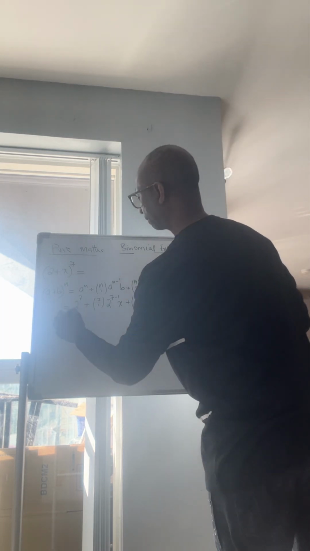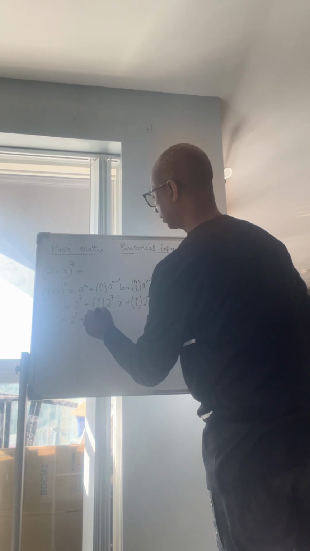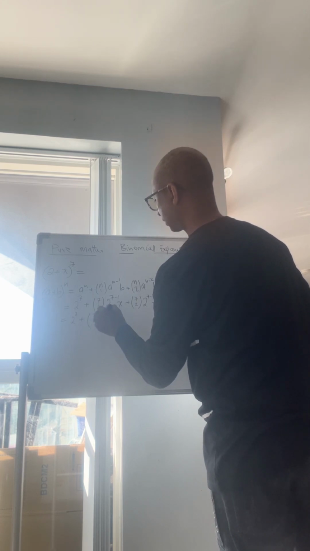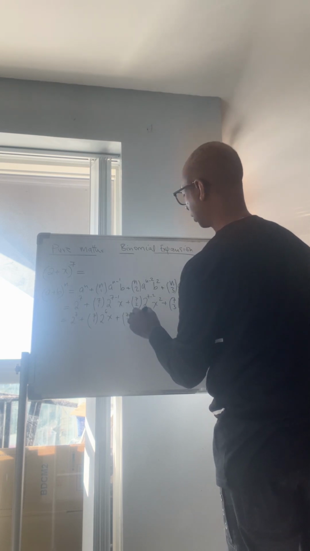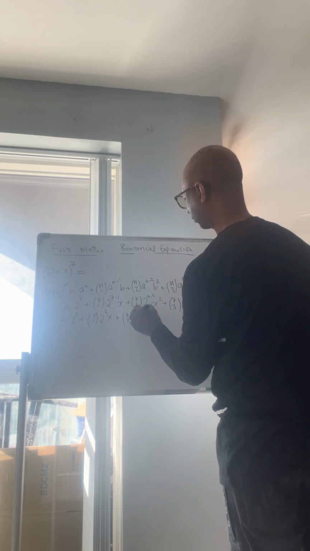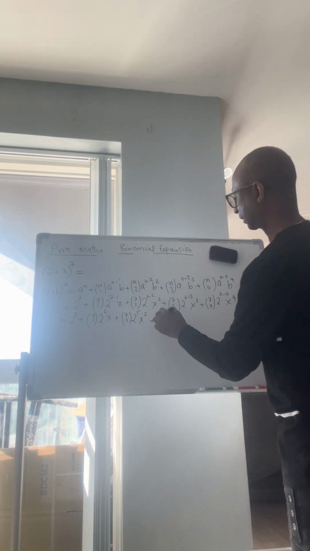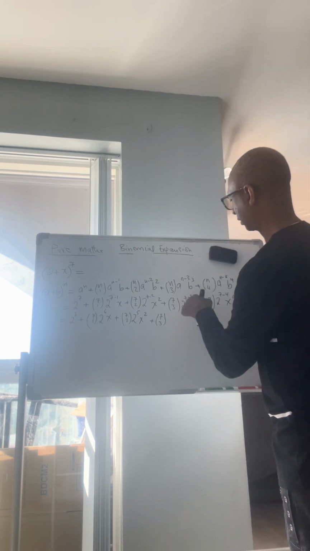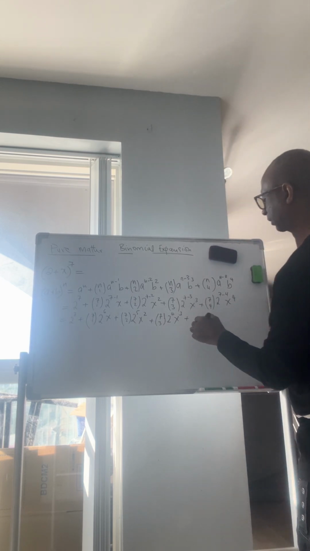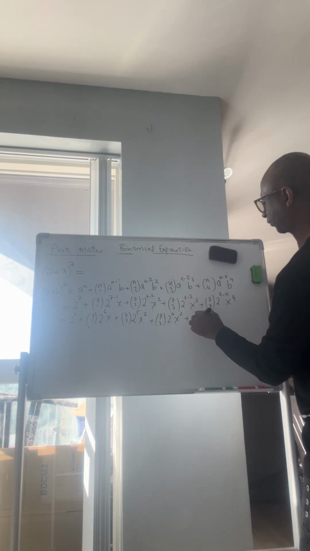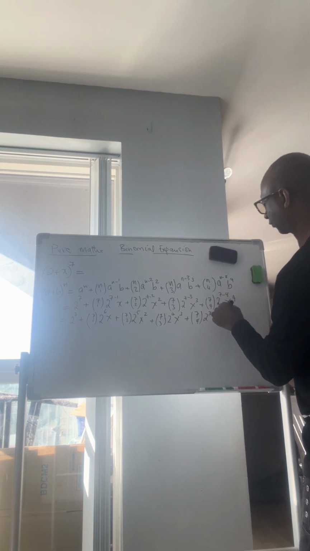So you will have 2^7 plus 7C1 times 2^6 x, plus 7C2 times 2^5 x squared, plus 7C3 times 2^4 x cubed, plus 7C4 times 2^3 x^4.